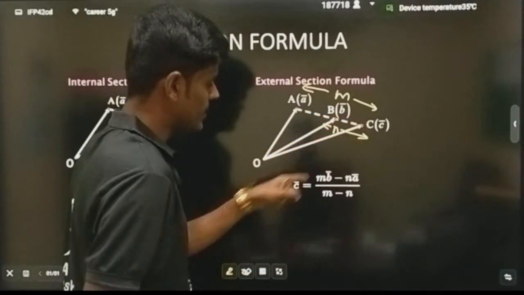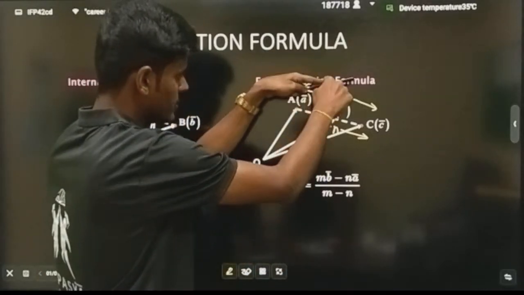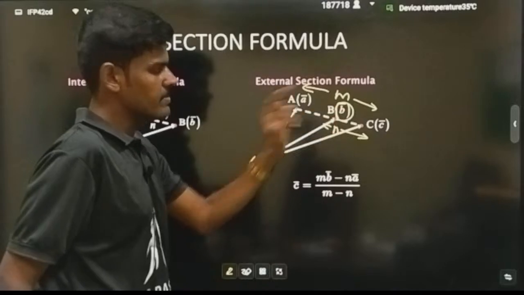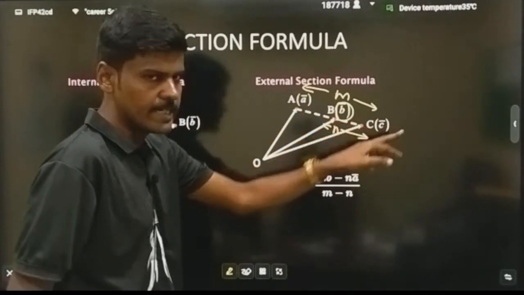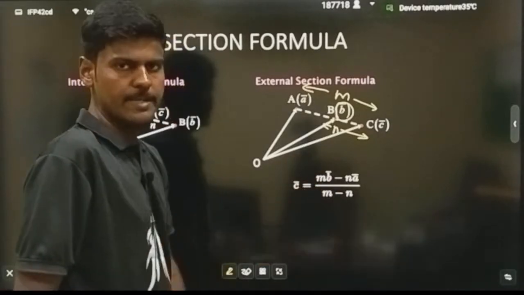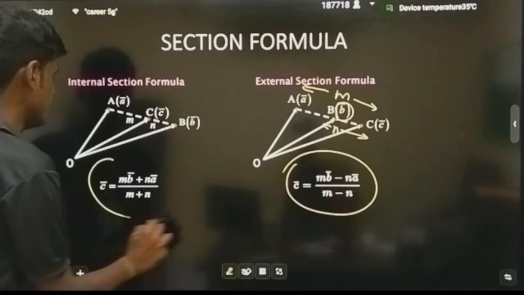And position vector point C is given by C vector is equal to, again, M into last vector. Here last vector is B vector, M into B vector, again N into A vector, but here as point lies outside, we will have minus sign. Minus of, again, M minus N. Proof is not required for you, just note down the formula.